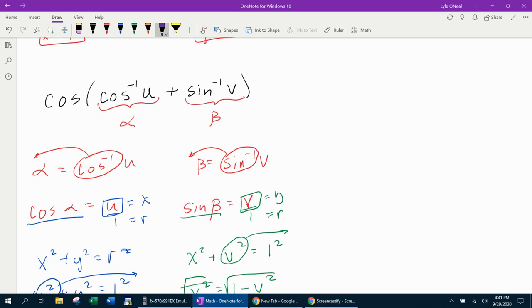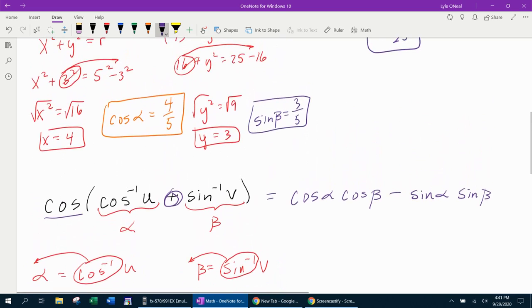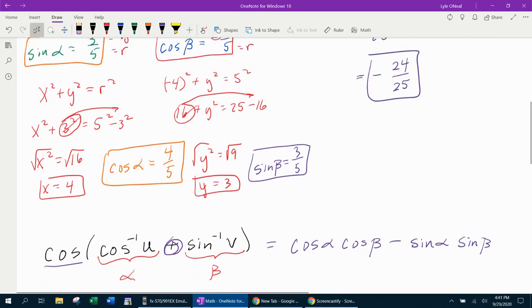Now I'm going to apply the sum formula for cosine, okay? So the sum formula for cosine is cosine alpha cosine beta minus sine alpha sine beta. And if you need to, remember you can scroll back up and check those.